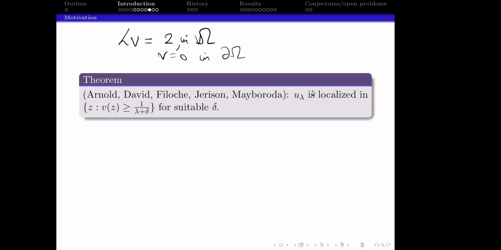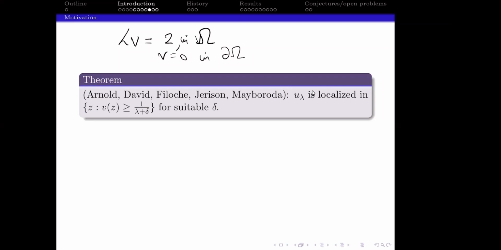The eigenfunctions are a little bit complicated, but if you want to know where one is localized, it's a remarkable theorem that it is controlled by the behavior of this landscape function. So the landscape function predicts where u lambda is localized, and this is the reason.